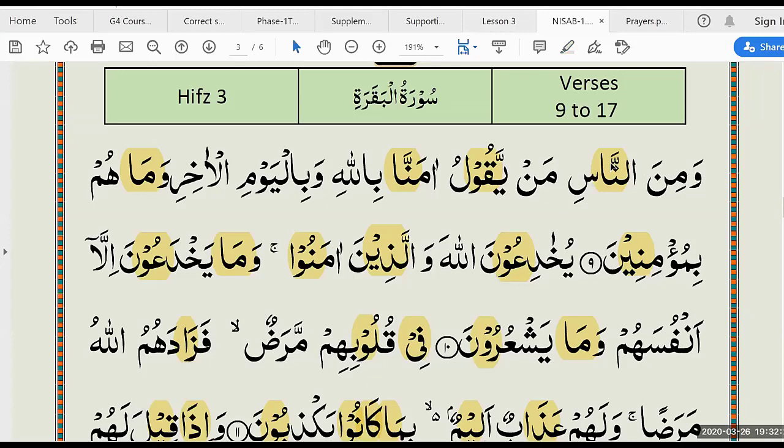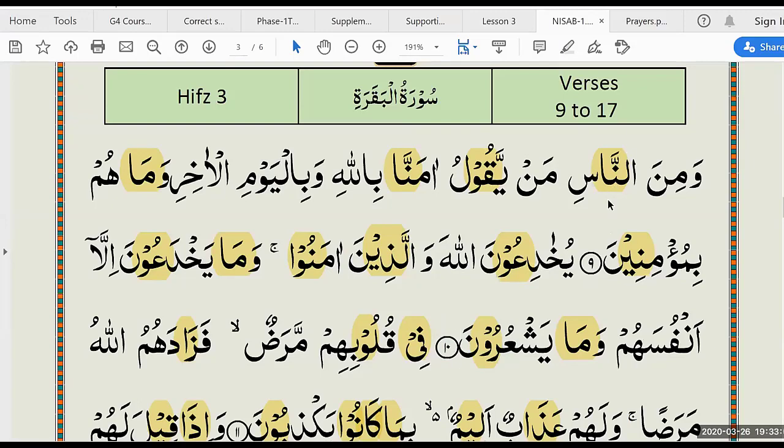Waminan nasi may yaqulu amanna billahi wa bil yawmil akhiri wa ma hum bi mu'minin. Yukhadi'unallaha walladhina amanu wa ma yakhda'una illa anfusahum wa ma yash'urun. Okay, Jazakumullah.